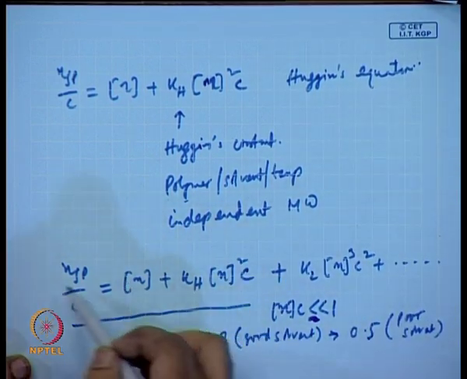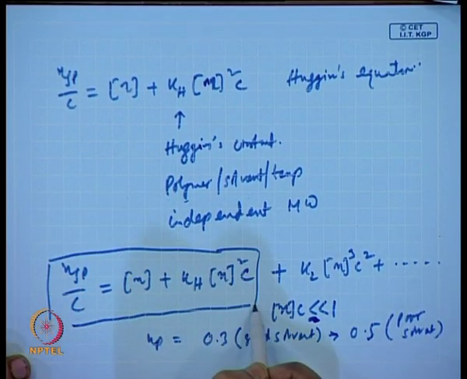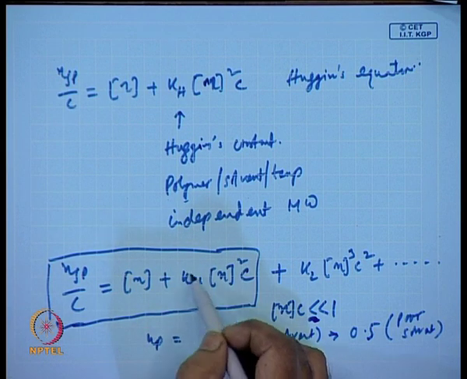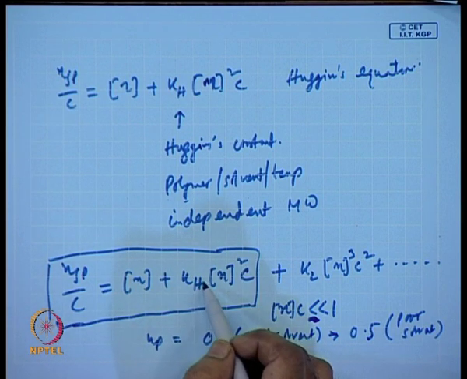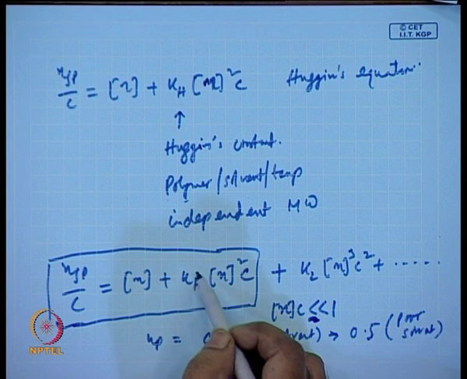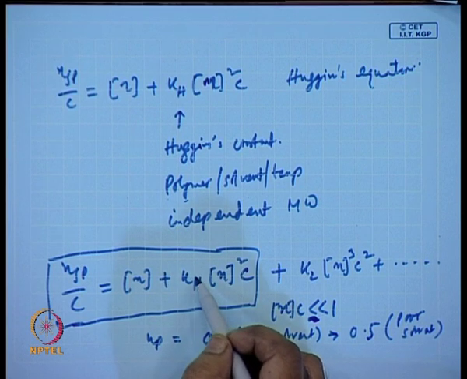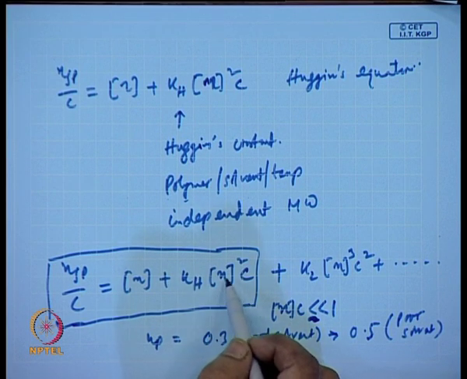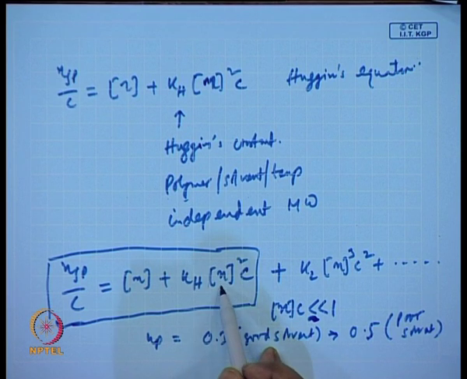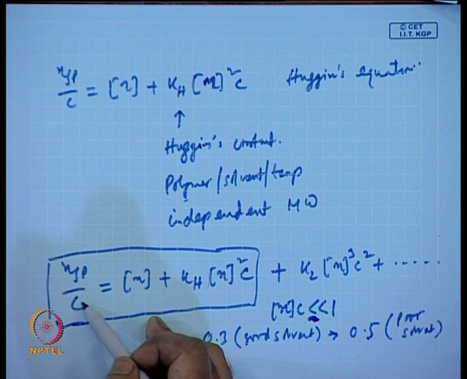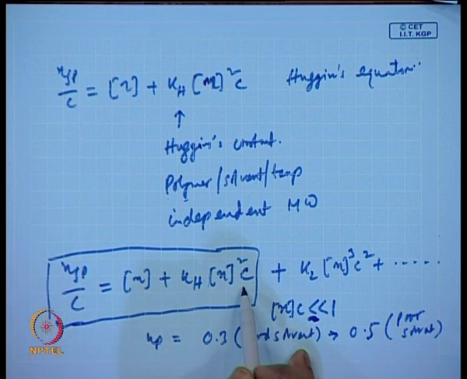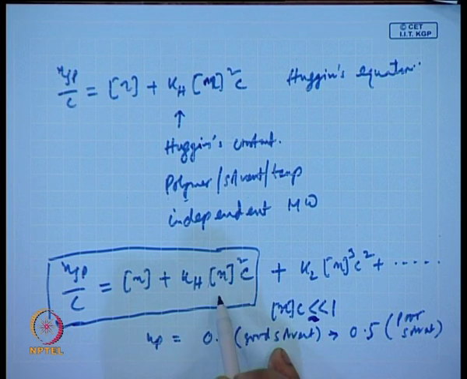Now, in this case, from this Huggins equation, you only need the value of Kh. If Kh is known, then obviously you can determine intrinsic viscosity by plotting eta Sp by C versus C, with C very dilute.